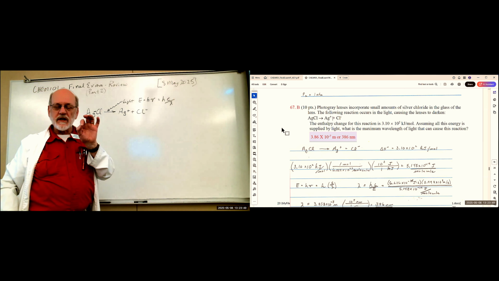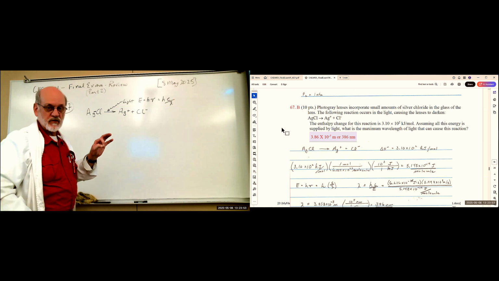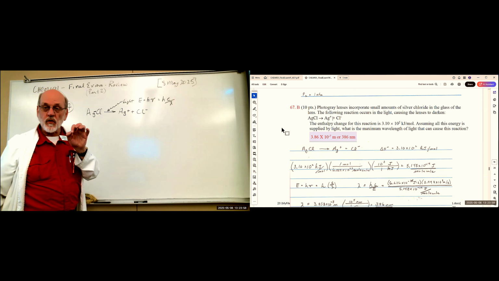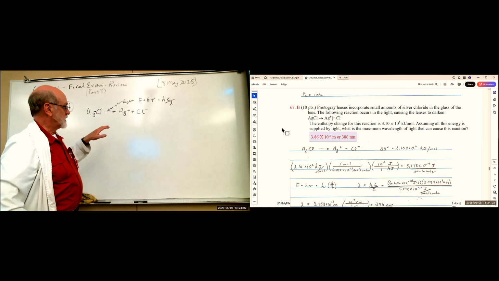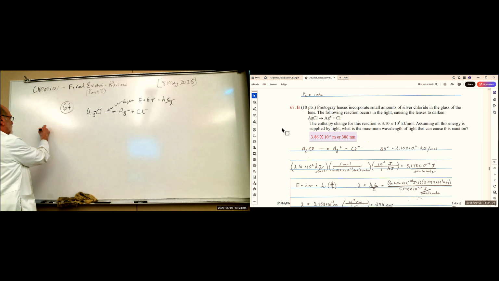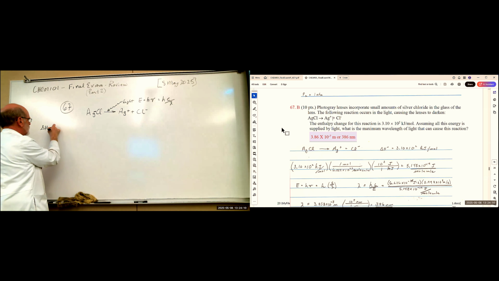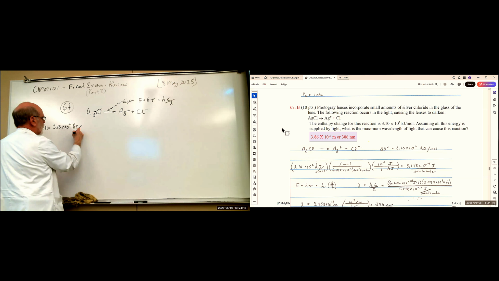So we want to know the energy of one of those photons. That means we need to know how much energy is required for just one molecule, right? This value here is 3.10 times 10 squared kilojoules per mole.